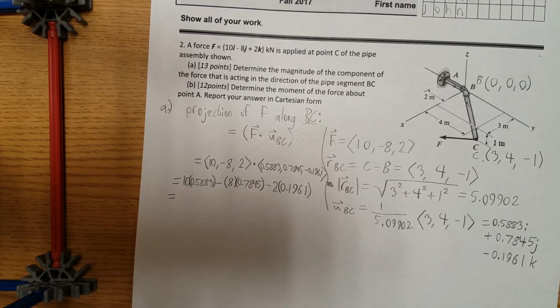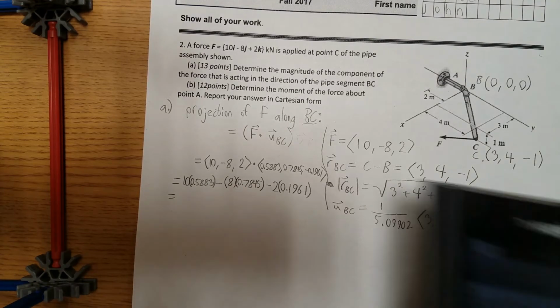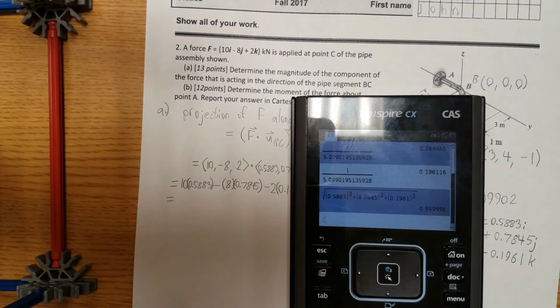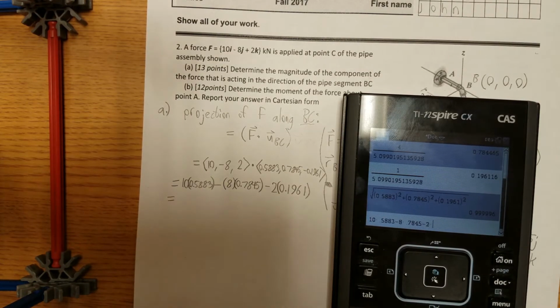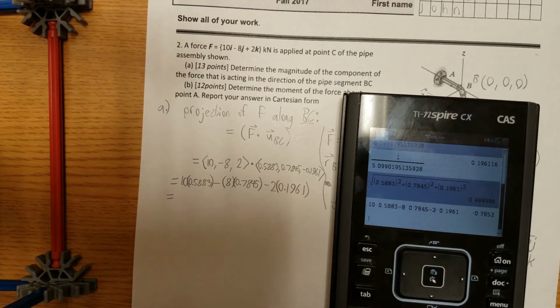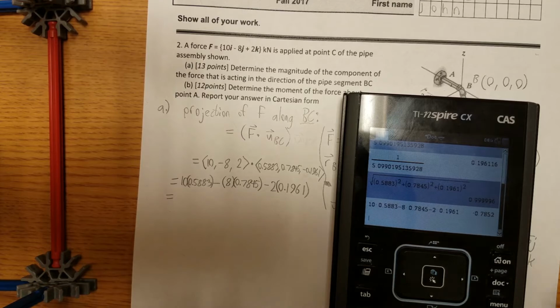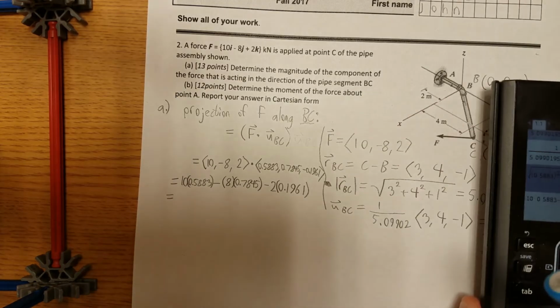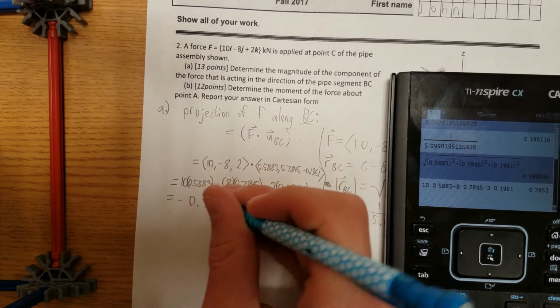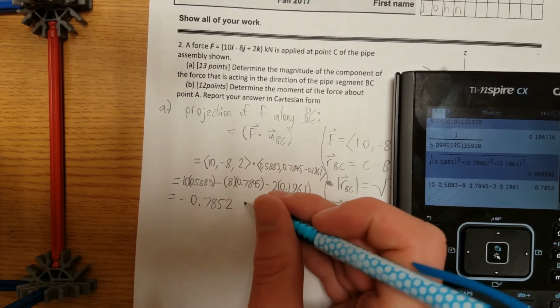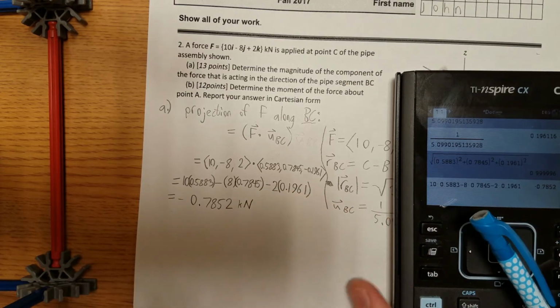And what we're going to get when we calculate this all out, I can put my calculator on the screen: 10 times 0.5883 minus 8 times 0.7845 minus 2 times 0.1961. And I get a negative 0.7852 kilonewtons.